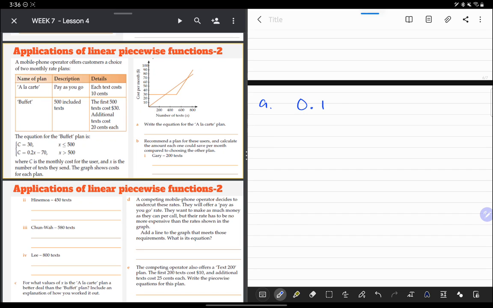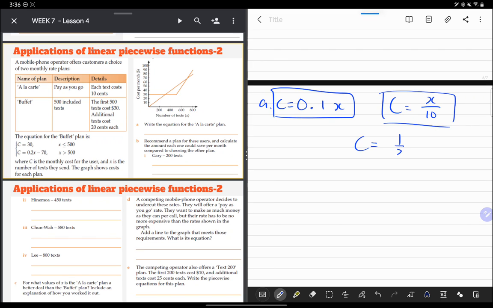We want to say 0.1 times X. So C equals 0.1 times X. It's really all the same thing, but we get it, right? Every time X goes up by 1, the cost goes up by 0.1.